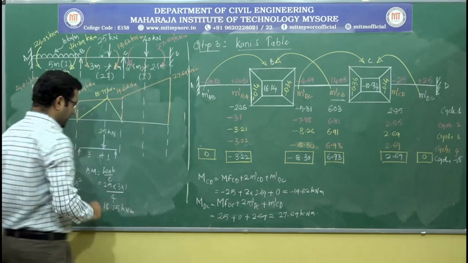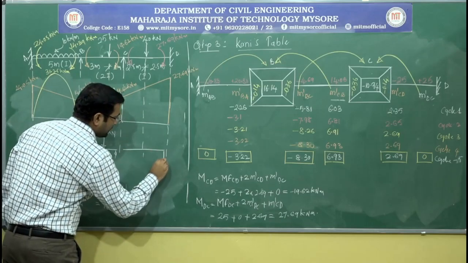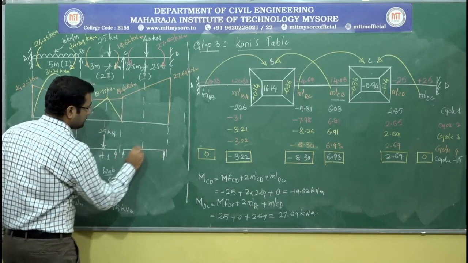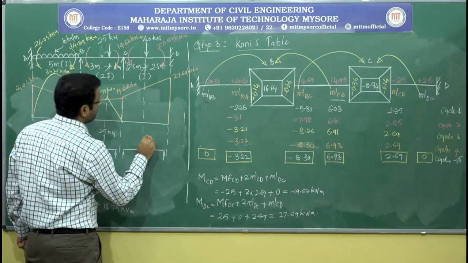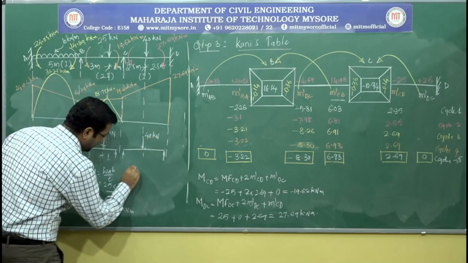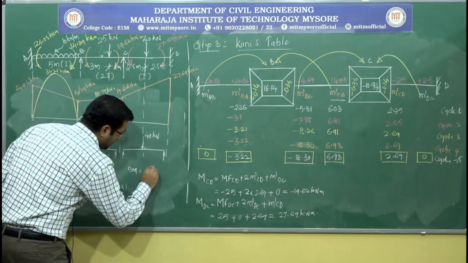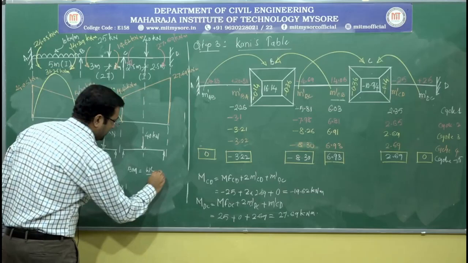And for the third span, a central concentrated load of 40 kilonewton is acting, and the maximum bending moment is calculated using the formula WL by 4.